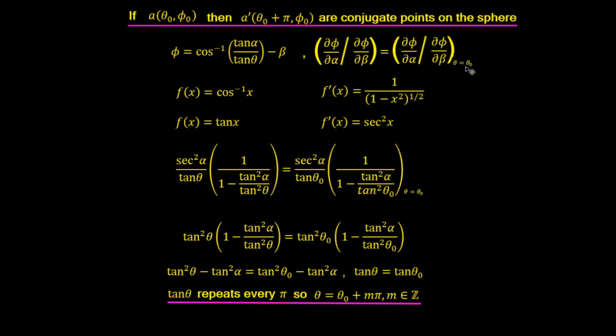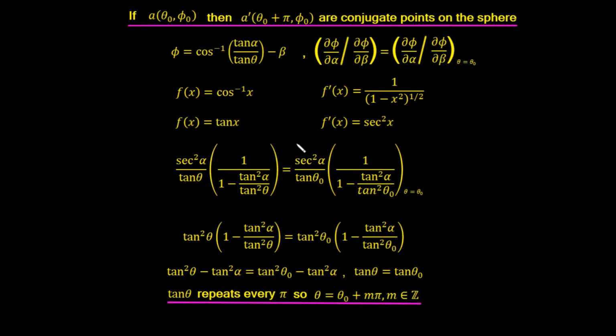So we've seen this equation in the previous video when we used it, and we derived it a couple of videos ago. Now we want to do these differentiations here, so we want to do our partial phi by partial alpha, partial phi by partial beta, and we'll make that equal to partial phi by partial alpha, partial phi by partial beta, and we'll say that theta is equal to theta naught.